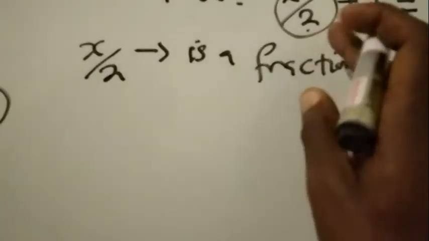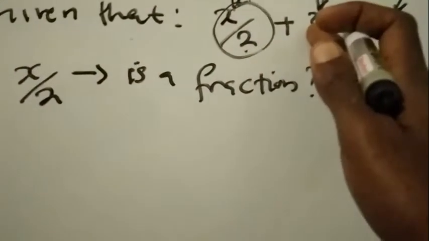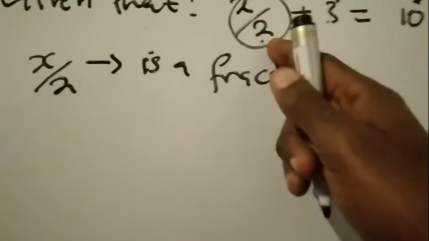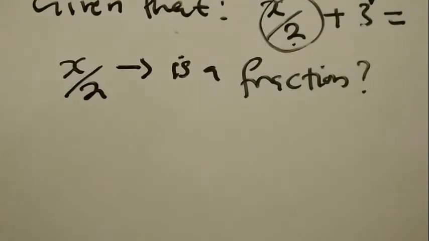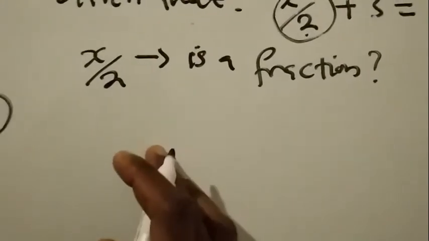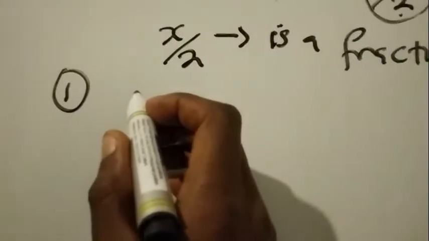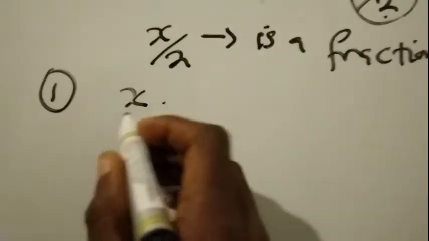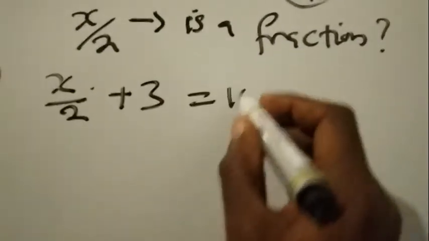You multiply both sides of the equation by 2 to get rid of this denominator. So each term will be multiplied by 2. So therefore, let's work it out. We have x over 2 plus 3 equals 10.